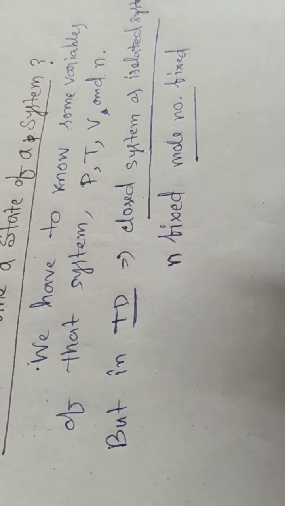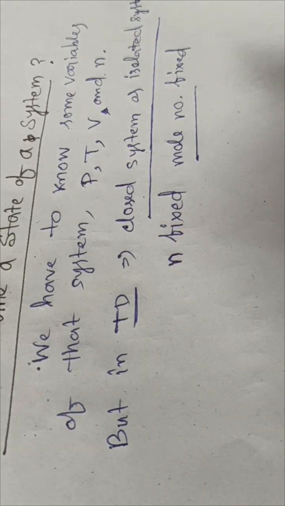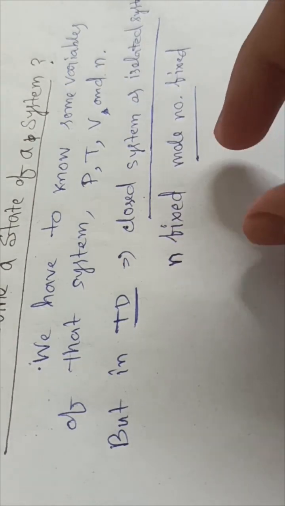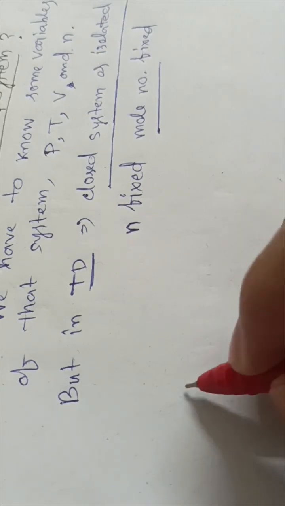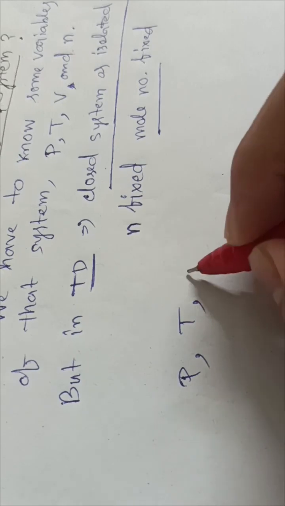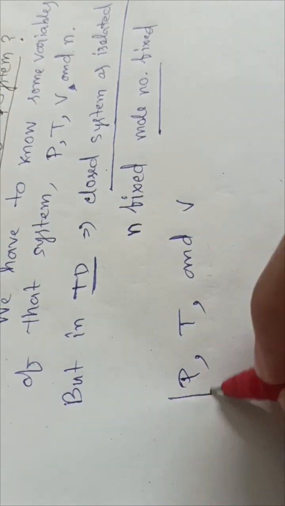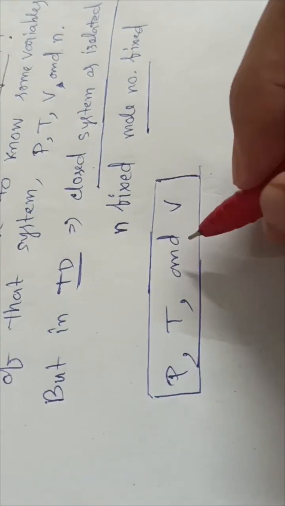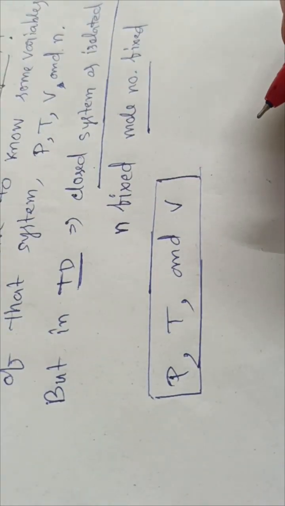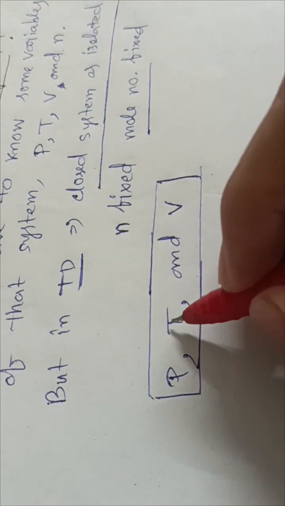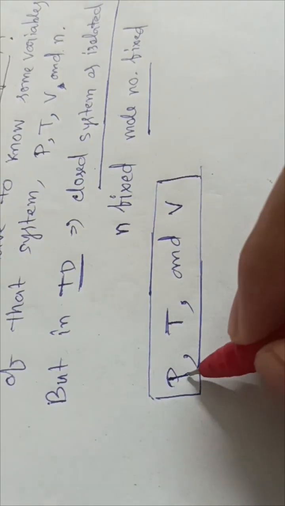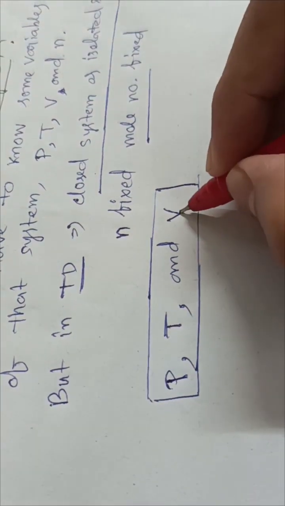We have said that in a closed system and isolated system the mass does not change. Thus we have to study the variables pressure, temperature, and volume. These three terms we have to know to define the state of a system. Clear? So if we want to know the state of any system, we have to know the pressure, temperature, and volume of that system.